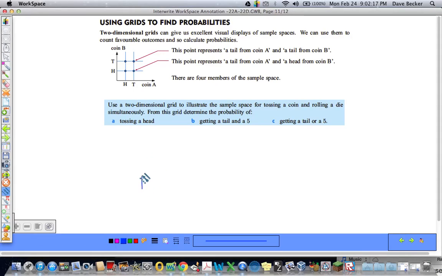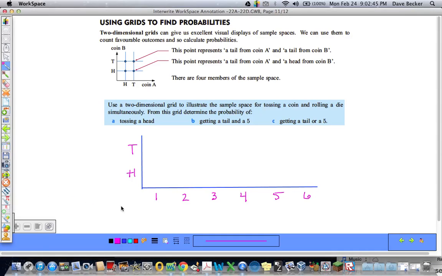So we're tossing a coin and rolling a die. I'll put the die right here, and I'll say 1, 2, 3, 4, 5, 6, and we're tossing a coin, so that would be heads or tails. Remember how we did this in the previous video?